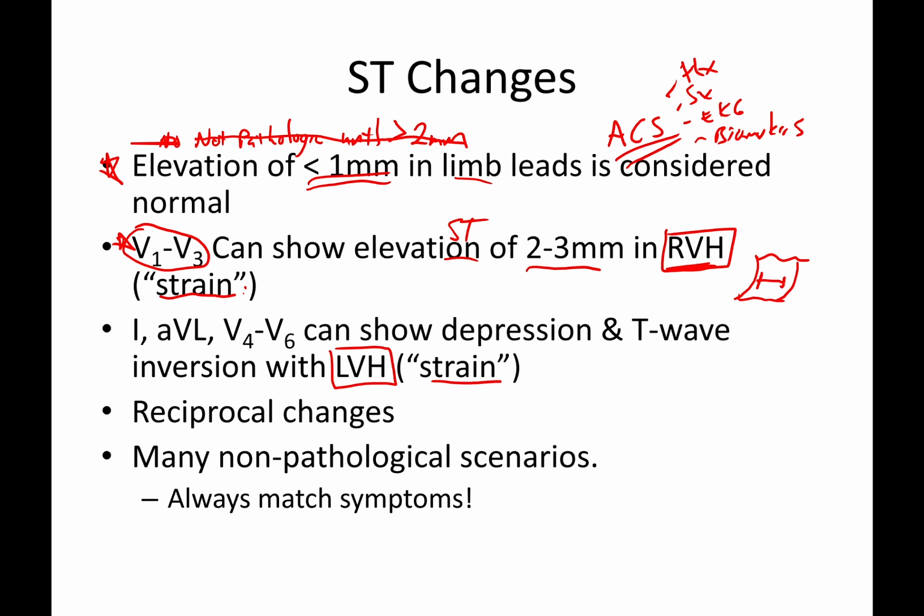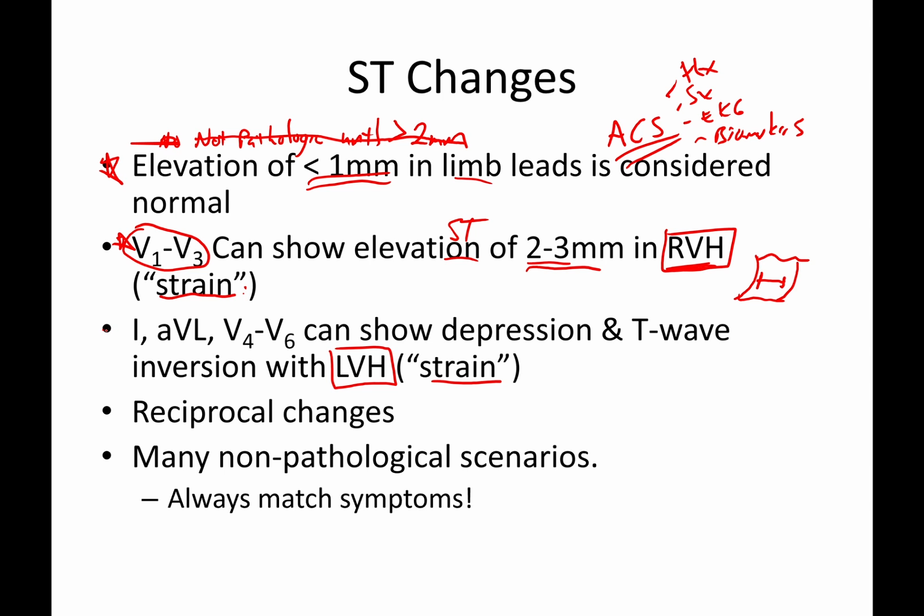Makes sense. Thicker muscle, more difficulty getting the blood flow through. There you go. So for a period of time, it may look like that patient has an MI going on, but if they rest, maybe they get some nitro, it returns back to normal.